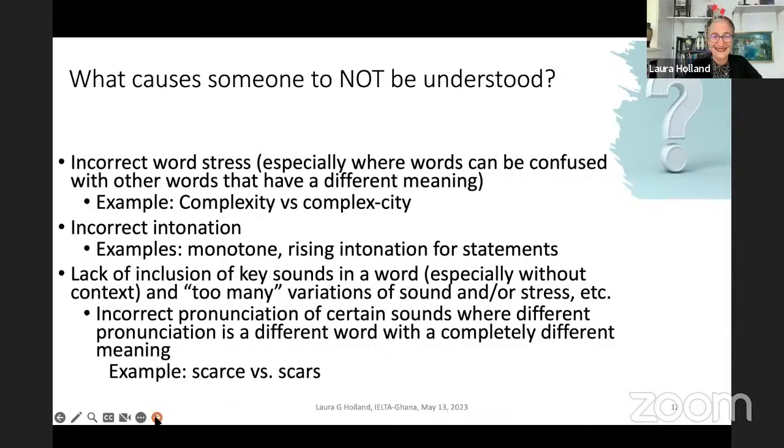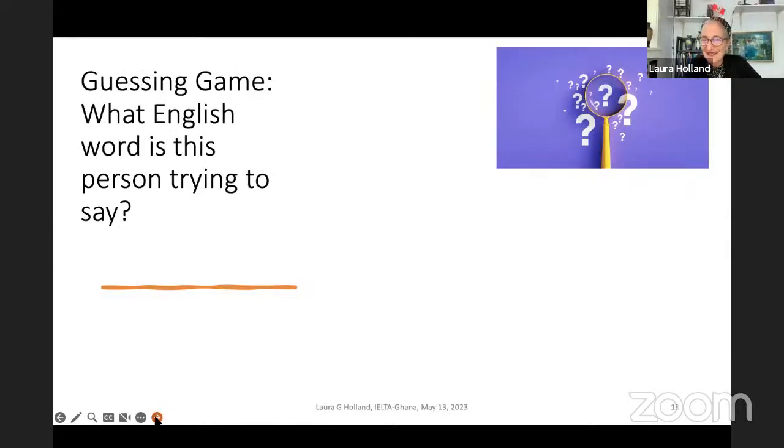All right, so let's play a quick little guessing game now, and you can put your guesses into the chat. Now, I have not been checking the chat here. Okay, great, thank you. What English word is this person trying to say? Bayaba.